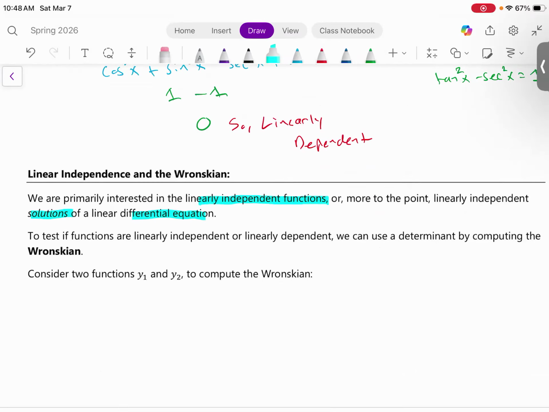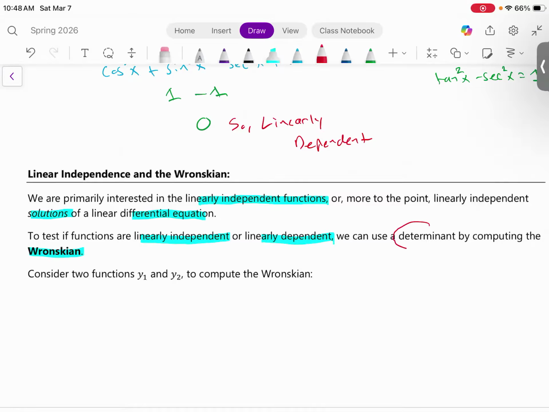This is another building block. There's a nice test to see if functions are linearly independent or dependent, and it's called the Wronskian. The Wronskian uses a determinant to perform this test.